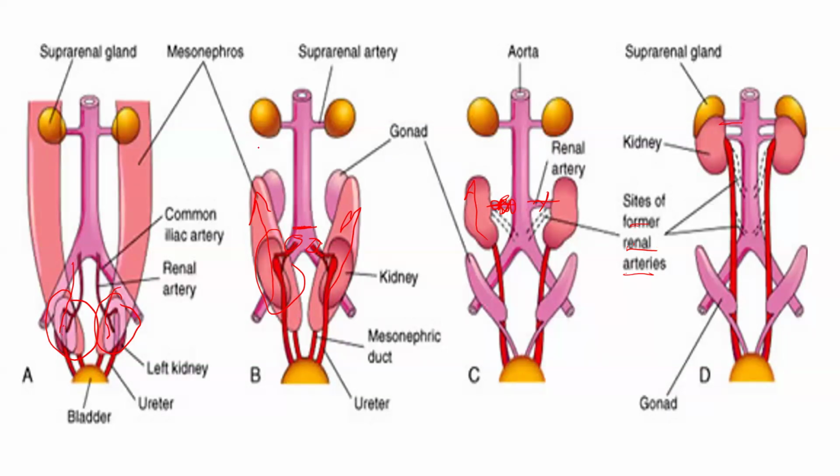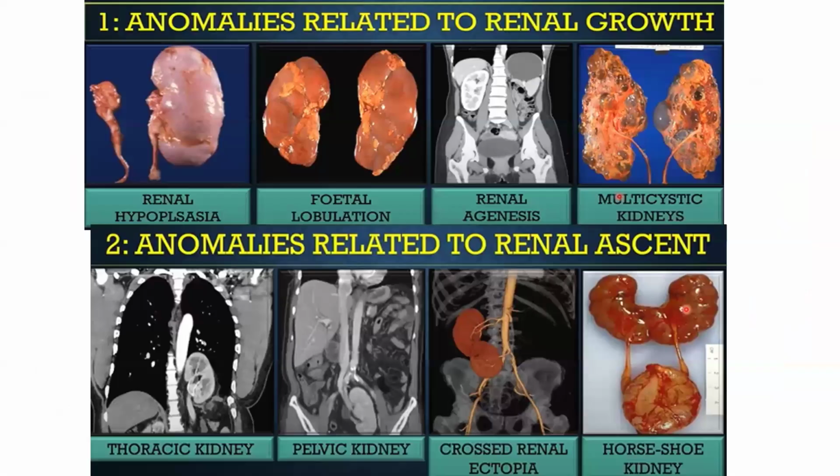Also note something interesting here: the gonads descend whereas the kidneys ascend. Gonads descend, kidneys ascend. Now these are the anomalies. So that kidney is fine, but what is happening here? Too small. So renal hypoplasia. It might be that the mesenchymal cells which form the metanephric blastema did not proliferate.